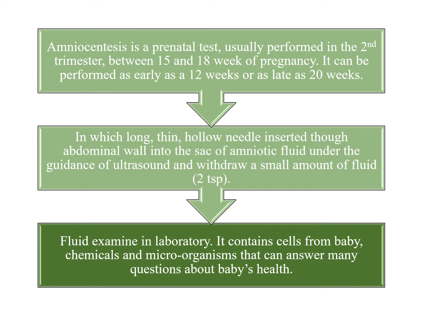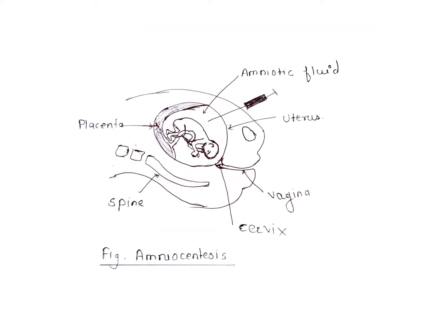Now, in this diagram, you can see that this is the uterus of the pregnant woman. Then here is a fetus, here is a placenta, and this is the umbilical cord. This umbilical cord is connected with the placenta. Surrounding the fetus, there is an amniotic sac, and in this amniotic sac, the amniotic fluid is present.